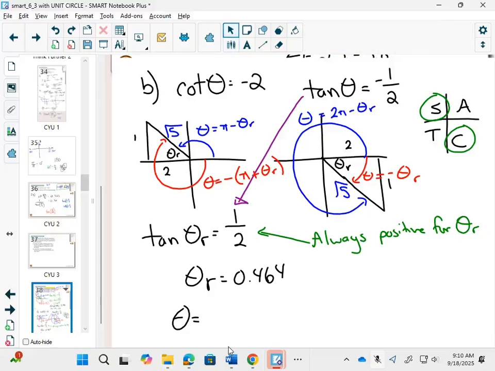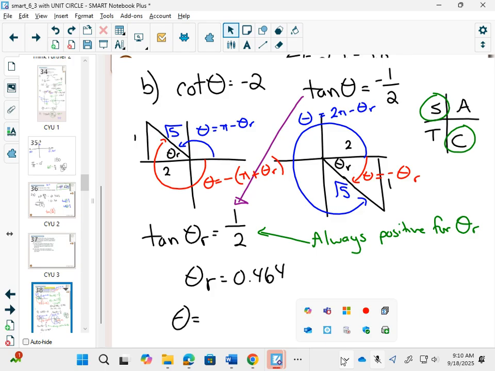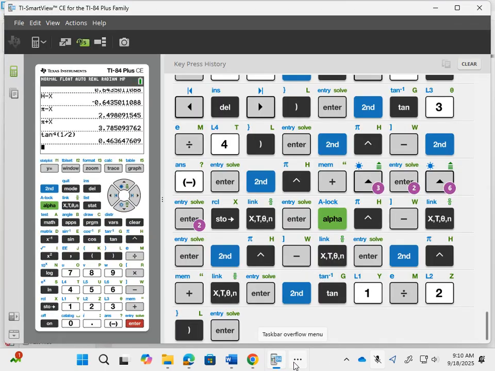So as far as using things that are most helpful on my calculator, let me get back to my calculator. I'm going to store my reference angle as x, because now I can go through and do each of those.